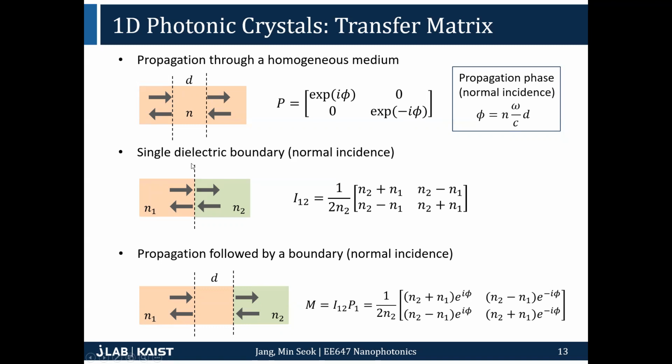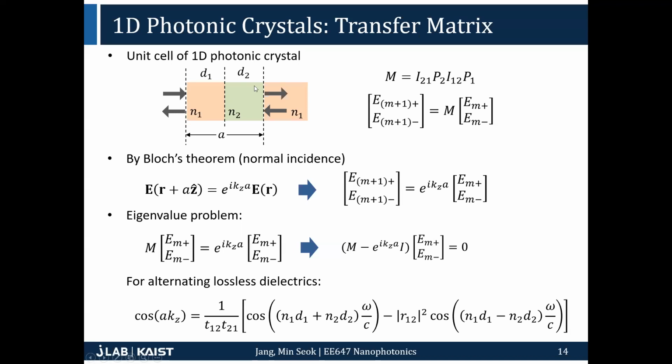Then we also introduced the boundary, or interface, matrix, which tells you about the transmission and reflection at the boundary. Once we combine the propagation matrix plus the interface matrix, we get a combined transfer matrix of this region.